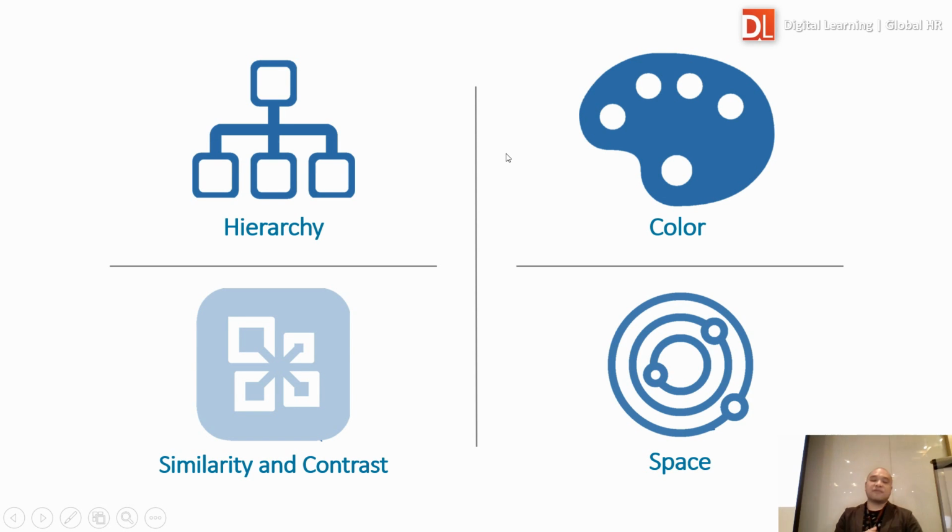The second thing I would like to consider is the color that we will use. The third thing is the similarity and contrast: how you can make a point much easier for people to realize. If you can make use of this technique, similarity and contrast, this is very important.